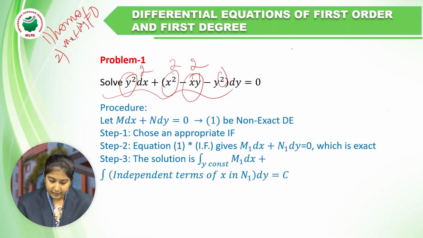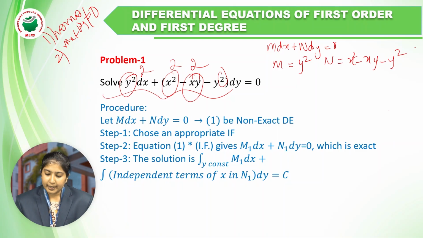So first take the equation of the form M dx plus N dy equal to 0, where M is y square and N is what, ma'am? x square minus xy minus y square. Okay, M and N are real valued functions. So what is the exactness condition?